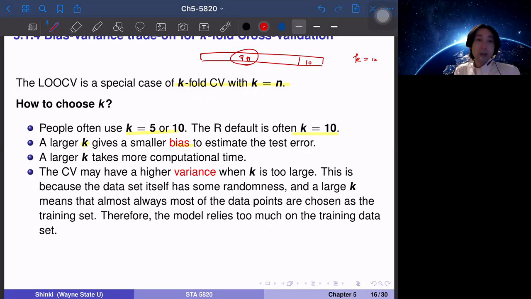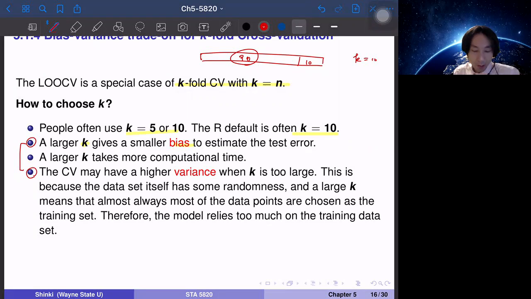I think that this one and this one are maybe a little bit more technical. In some models, if the sample size is large, we suffer from overfitting. That is true for some tree-based methods and some neural networks.